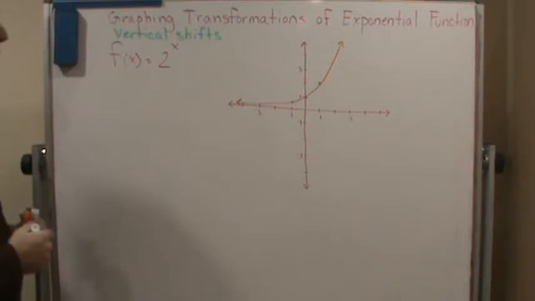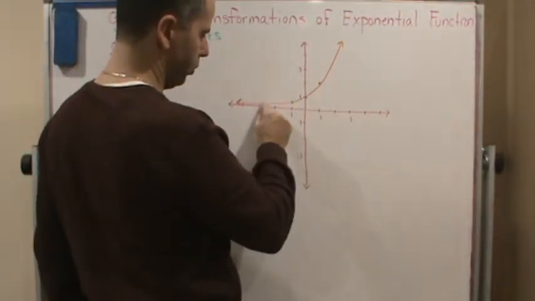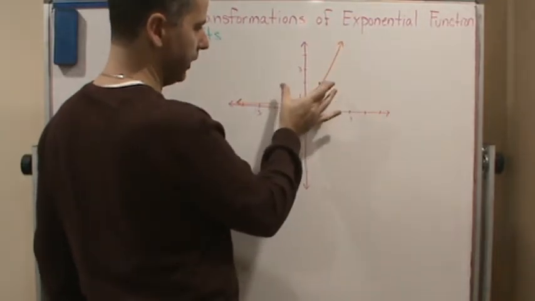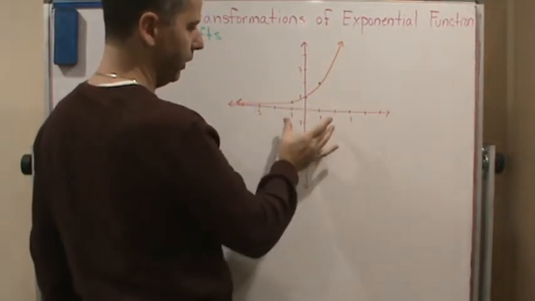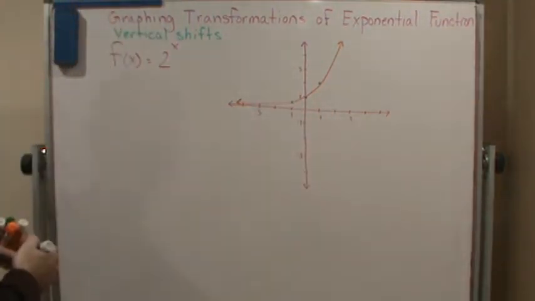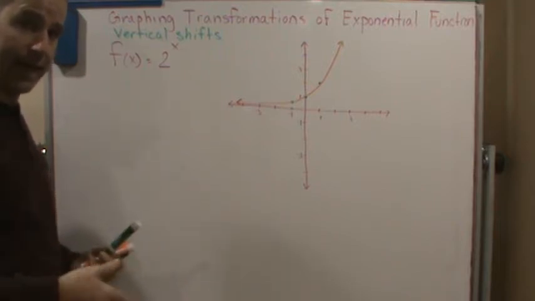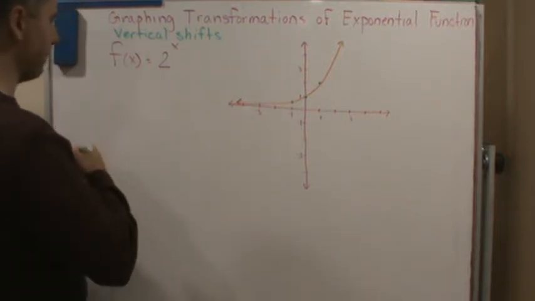Now how do we do that? Notice that in a vertical shift, the whole graph looks the same except we're moving it up and down. So what are we affecting? We're affecting the y value. A vertical shift translates to adding or subtracting some constant outside the function. What do I mean by that?